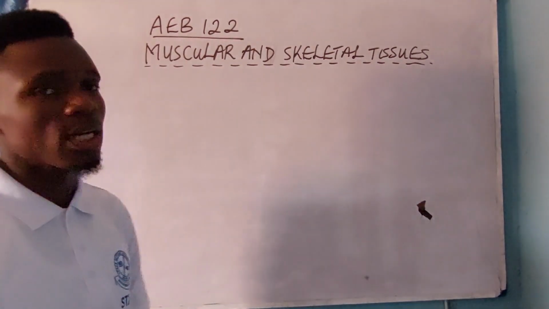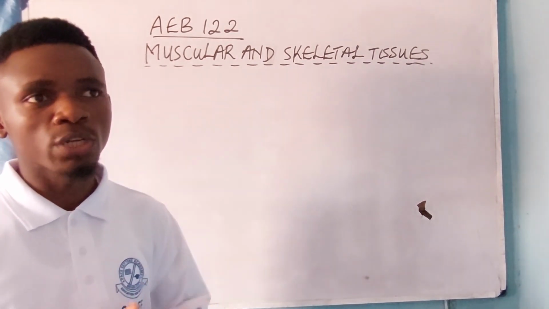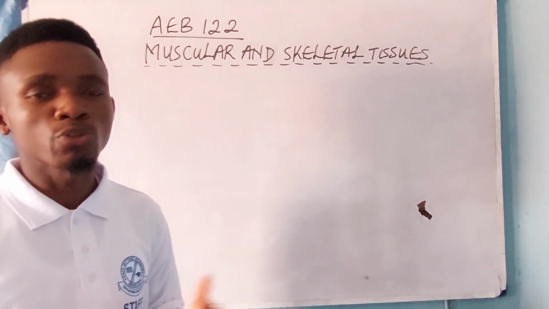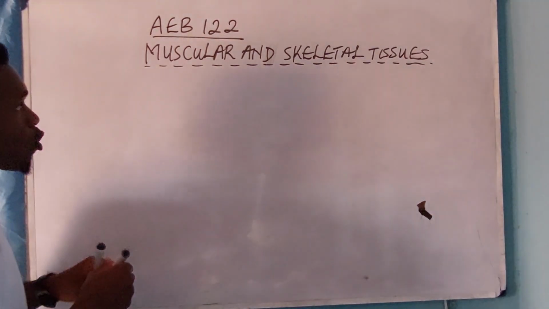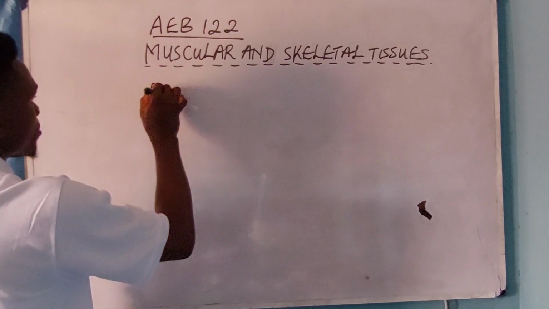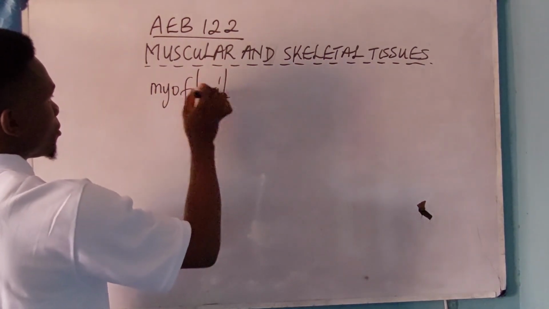Now, muscular tissues are tissues that bring about movement, contraction, and relaxation of most parts of the body of an animal. Please, the basic unit of all muscle is called what? Myofibrin.